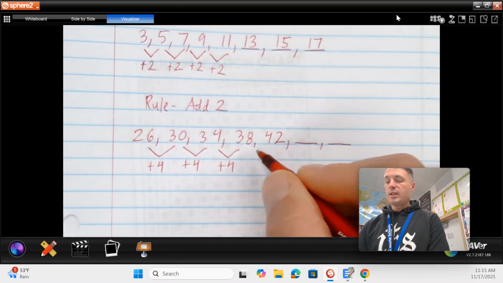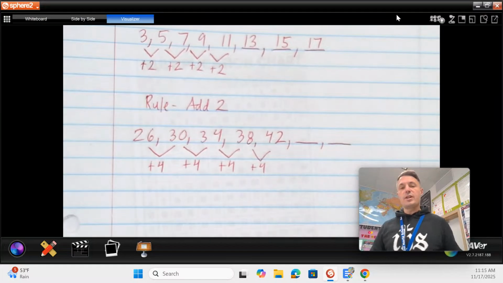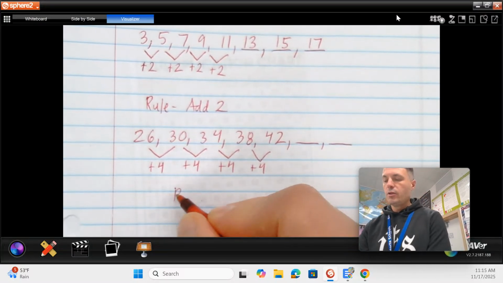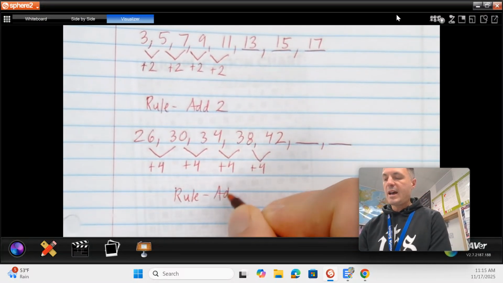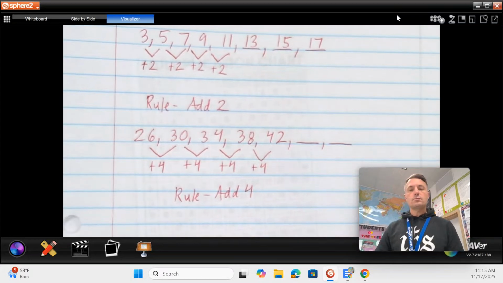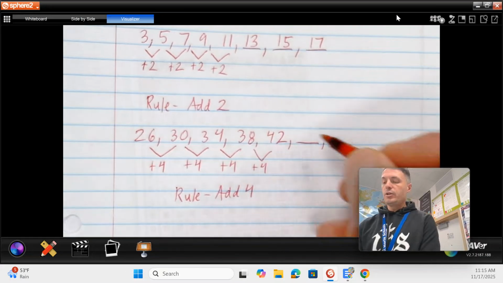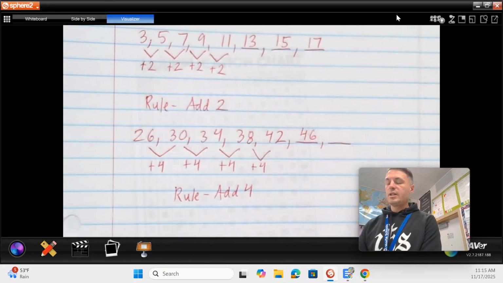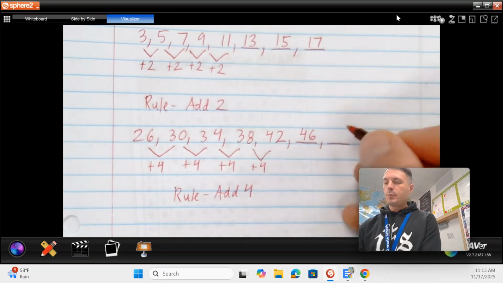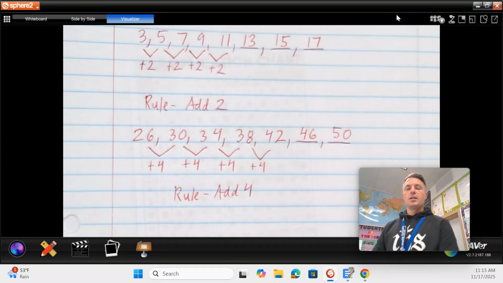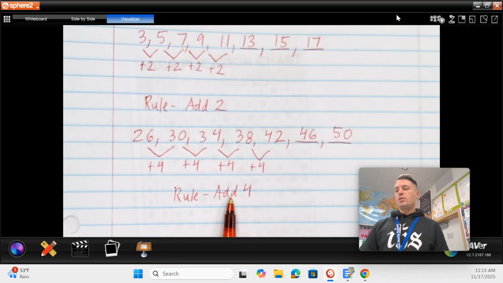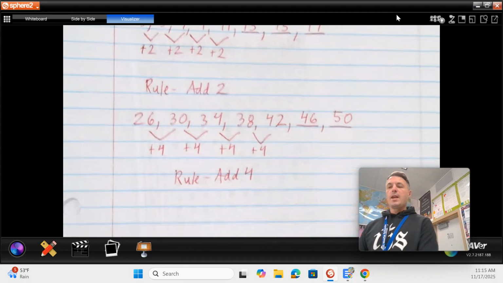And 38 plus 4 is 42. So we just found the rule. The rule is add 4. And so now we can use that rule to extend the pattern. 42 plus 4 is 46, and 46 plus 4 is 50. So we found the rule, and we used the rule to extend the pattern.